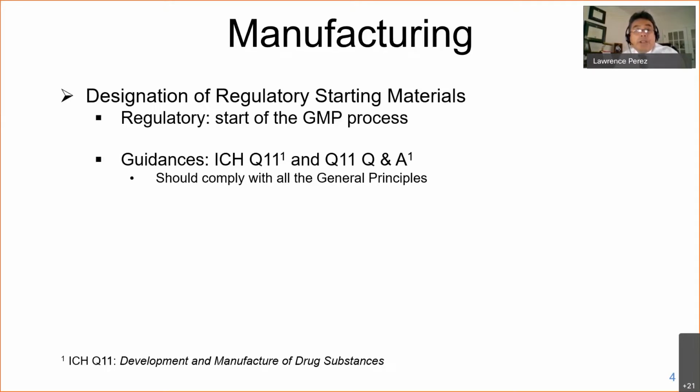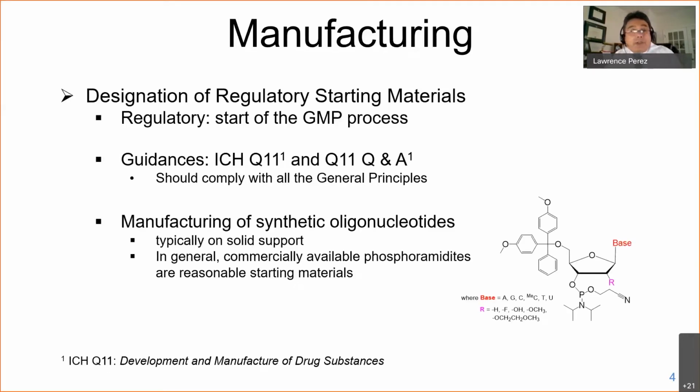Now, fortunately, for the manufacturing of synthetic oligos today, most of them are made chemically using a solid support. And the starting materials for that solid support synthesis are the phosphoramidites.